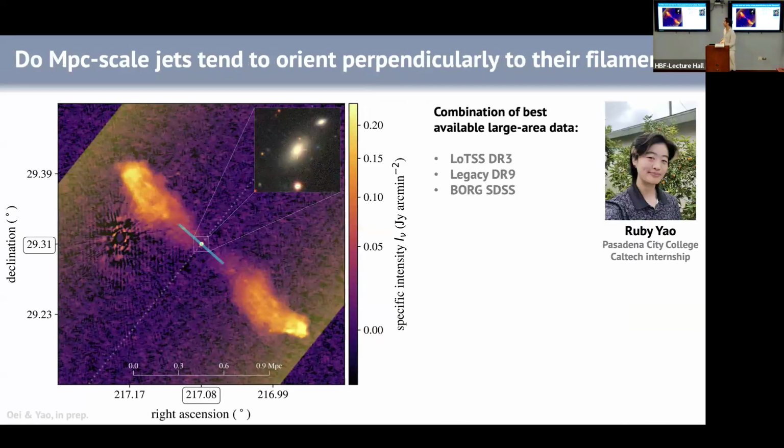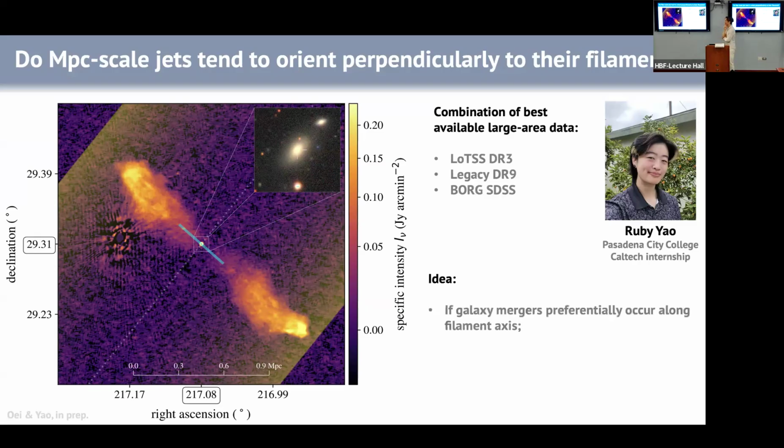So that is what I'm now looking at with my summer students in Pasadena. We've been looking at some LOFAR images, and what you see here is a very nearby jet system. And here in projection, you see how the filament is oriented. What's actually exciting is that we're finding that these megaparsec jets have a tendency to be perpendicular to their filament.